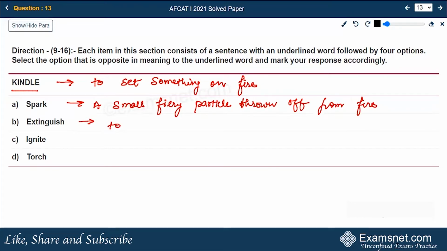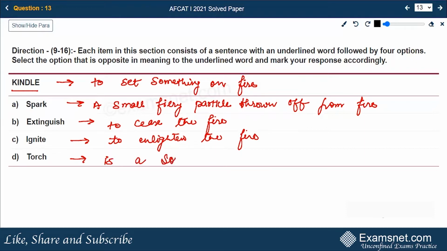Extinguish means to cease the fire. Ignite means to set on fire. Torch is a source of light. So the antonym we are looking for, for kindle, which is to set something on fire, is extinguish, when you're putting off the fire. Option B is your correct answer.